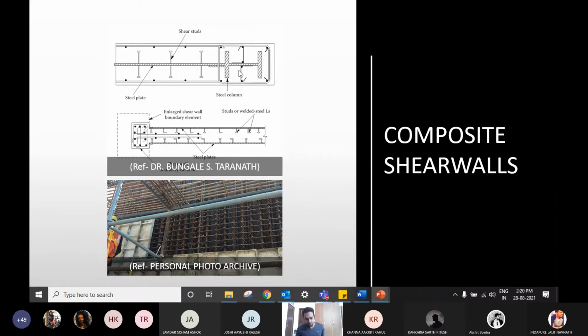The boundary element usually would require more reinforcement, more steel. So instead of congested steel reinforcement bars, we can have an I section, which has increased area of resistance. Basically, you have more steel there. That's the purpose of it.